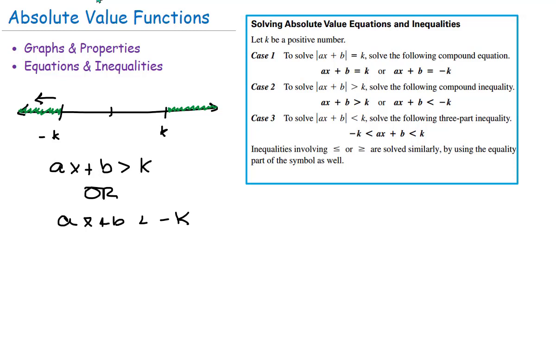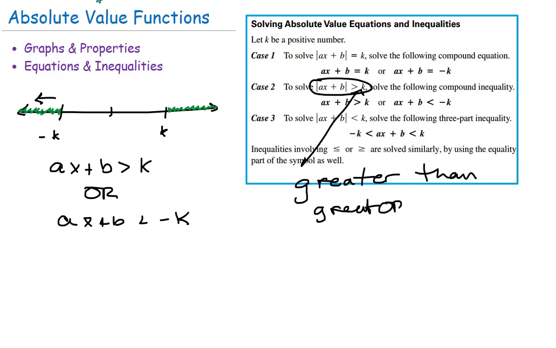One way that I commit that one to memory is when I see an absolute value quantity that says it's greater than k, I tell myself it's "great-or" than k. And that lets me know to remember I'm going to split this up into this is more than k or less than negative k.